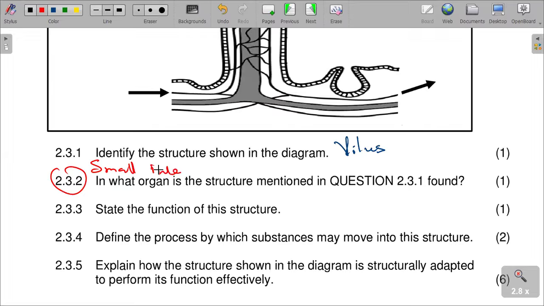Others might want to be very particular, so one can say it is the ileum, or the duodenum, or the jejunum.